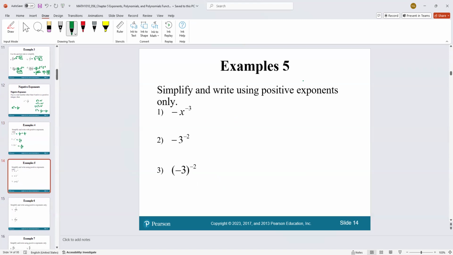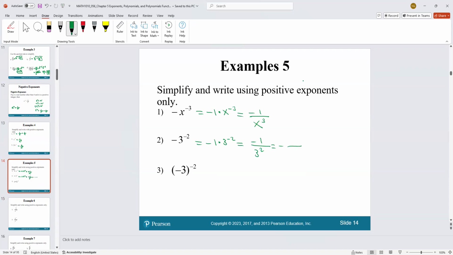We said simplify using positive exponents. The first thing is negative 1 times x power negative 3, so we're going to have negative 1 over x power 3. Simple, right? And here we're going to have negative 1 times 3 power negative 2, negative 1 over 3 power 2.